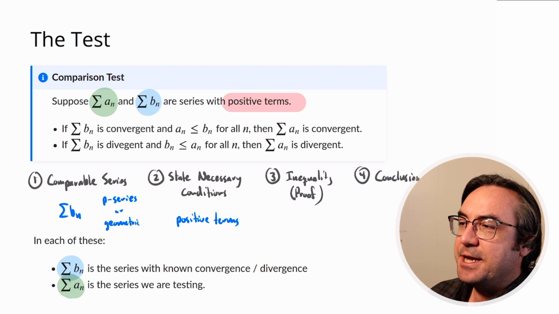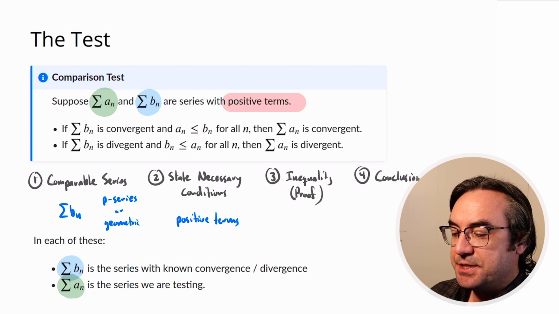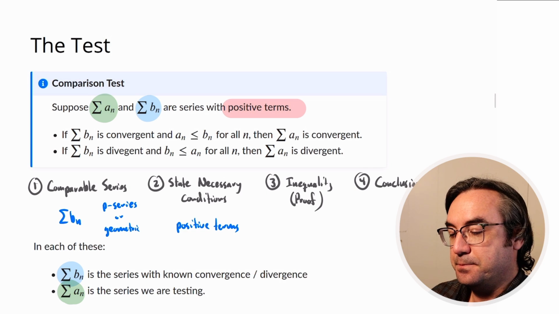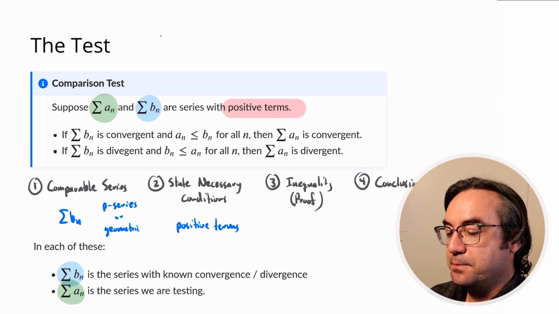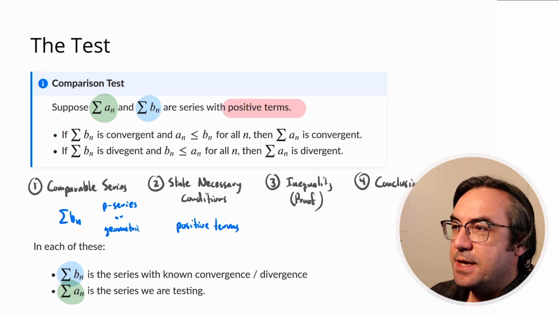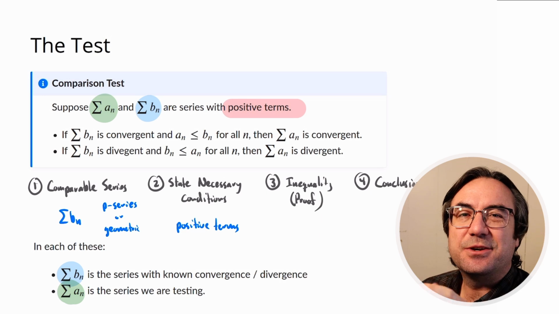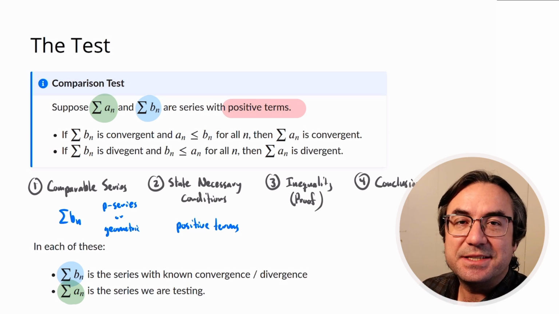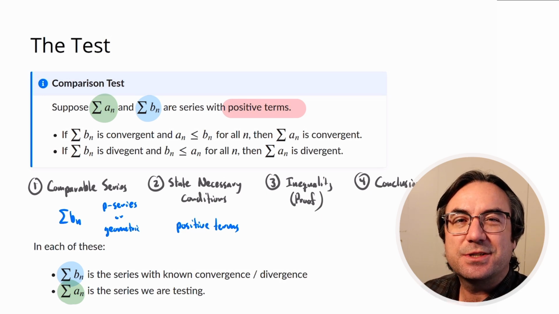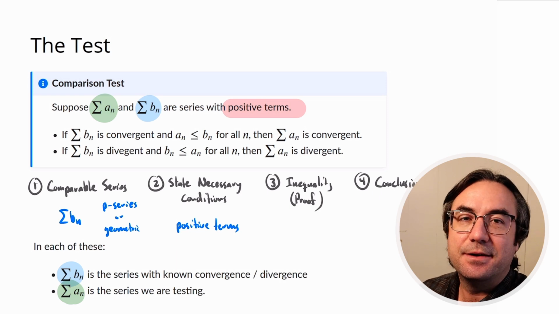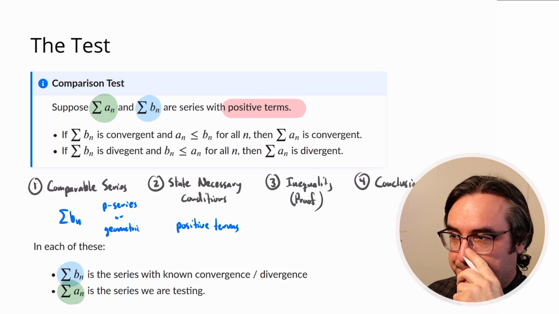So the idea behind when we actually use this test is that we use this test when our series kind of looks like a p-series or looks like a geometric series, but isn't exactly a p-series or geometric.